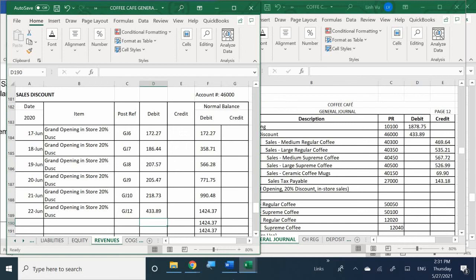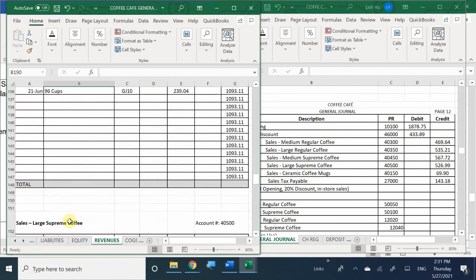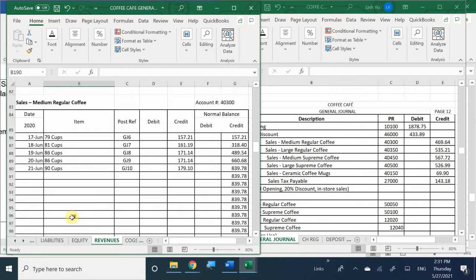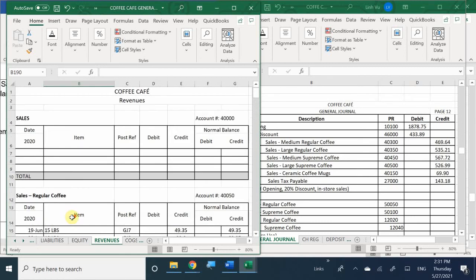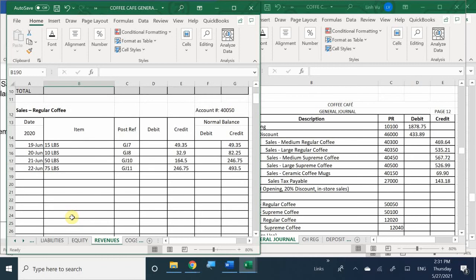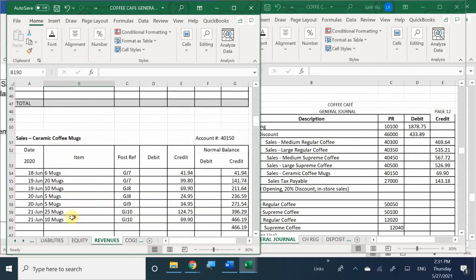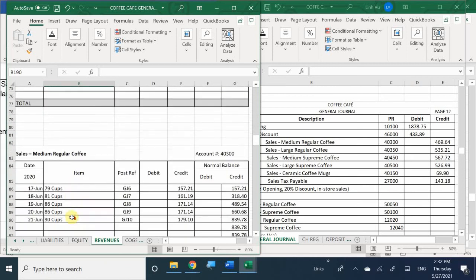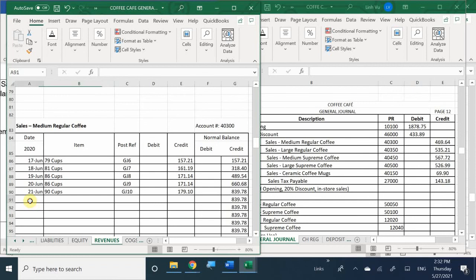Now we scroll on up to sales of medium regular coffee. 6/22. We sold our max so far, 236 cups.